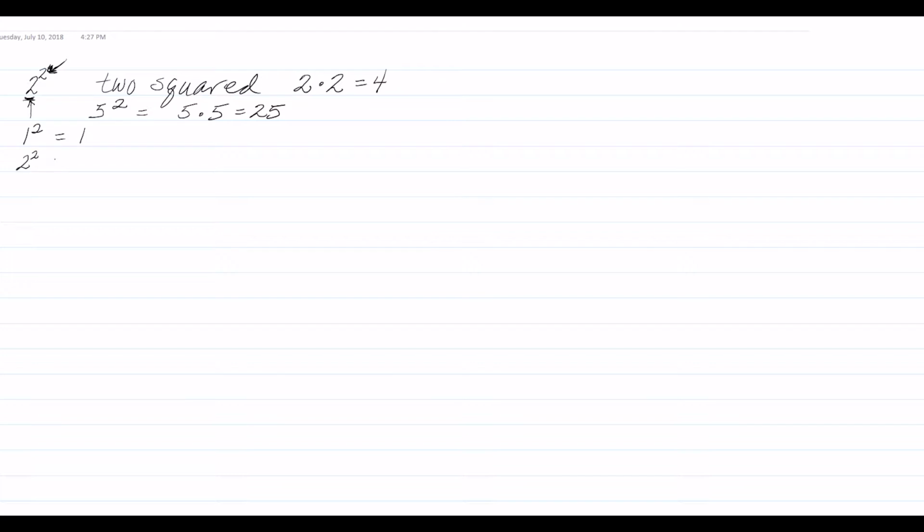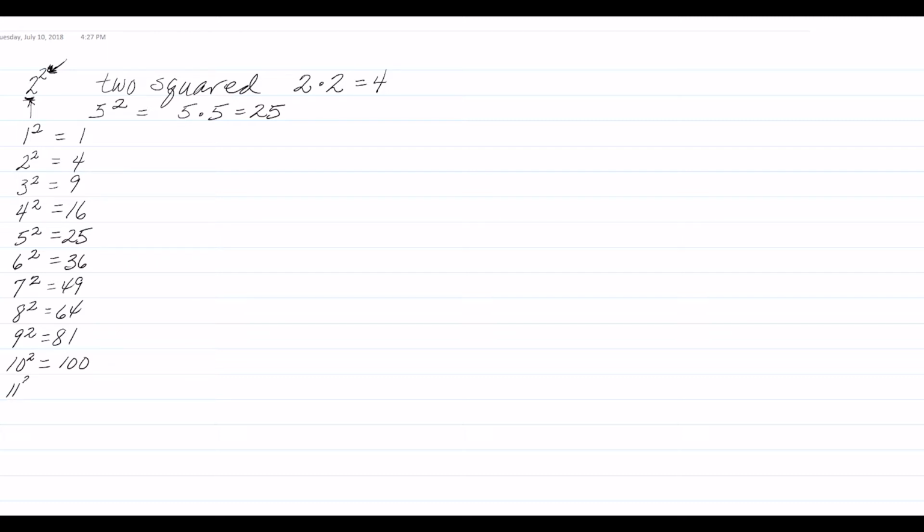If we square 2, as we did a little bit earlier, we now know that 2 squared is 4. 3 squared is 3 times 3, which is 9. 4 squared is 16. 5 squared is 25. 6 squared is 36. 7 squared is 49. 8 squared is 64. 9 squared is 81. 10 squared is 100. 11 squared is 121.